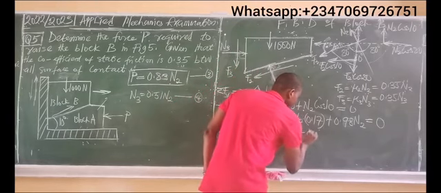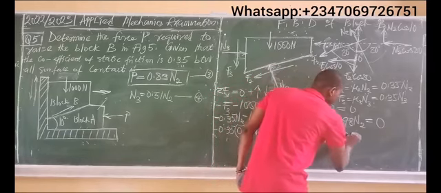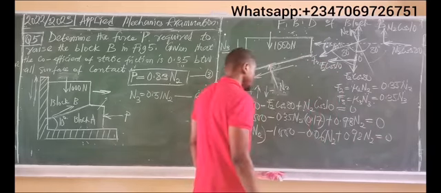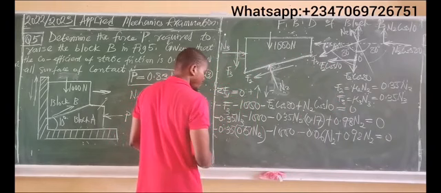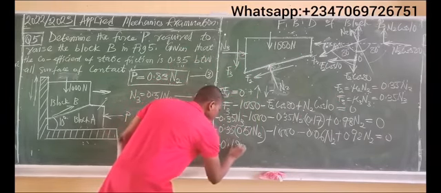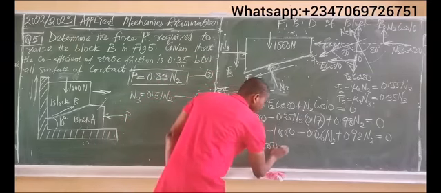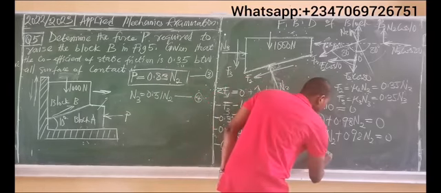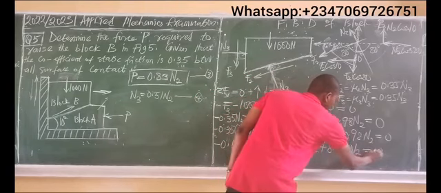That gives us 0.06 N2 plus 0.98 N2, and this is equal to 0. So let's evaluate minus 0.35 multiplied by 0.51. That gives us approximately minus 0.18 N2 minus 1000 minus 0.06 N2 plus 0.98 N2, and this is equal to 0.